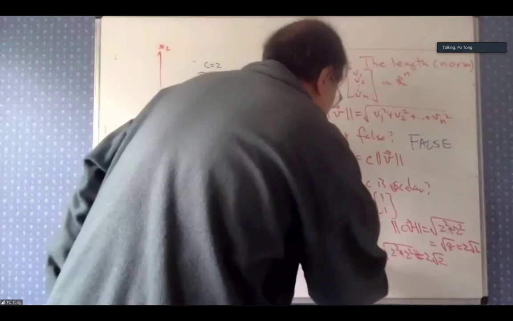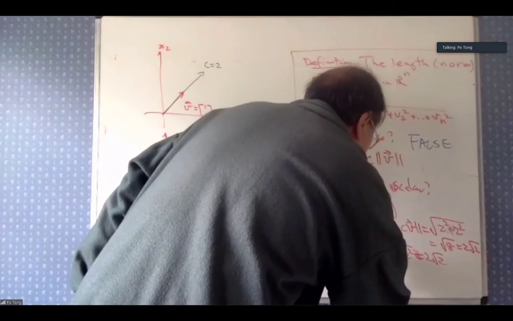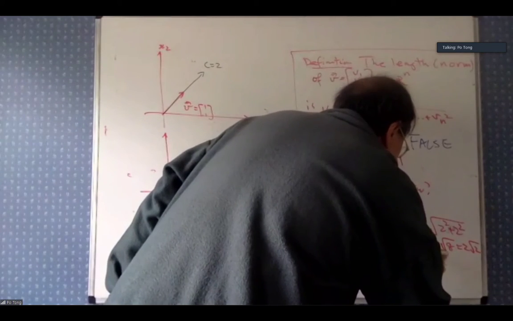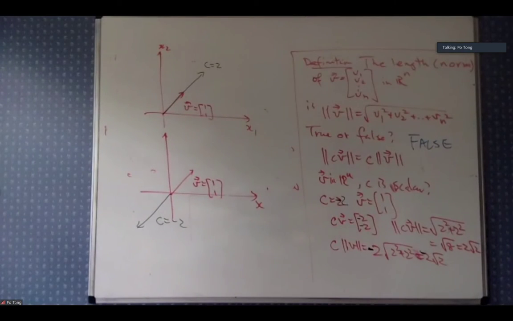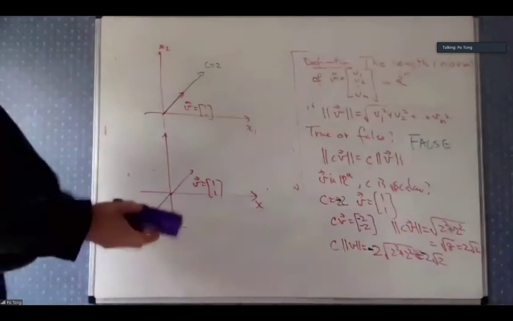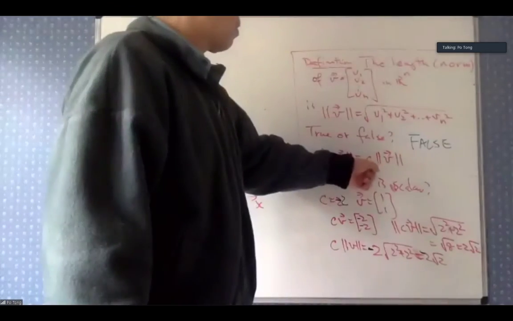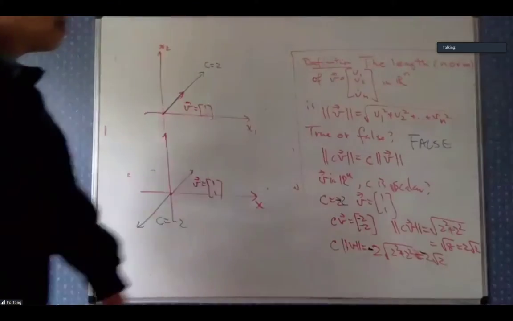But the other side will be minus 2 times the length, and you will get a minus here. And then they will not be equal. Do you guys get my point? Yes. So when c is negative, this doesn't work. When c is positive, it will work.